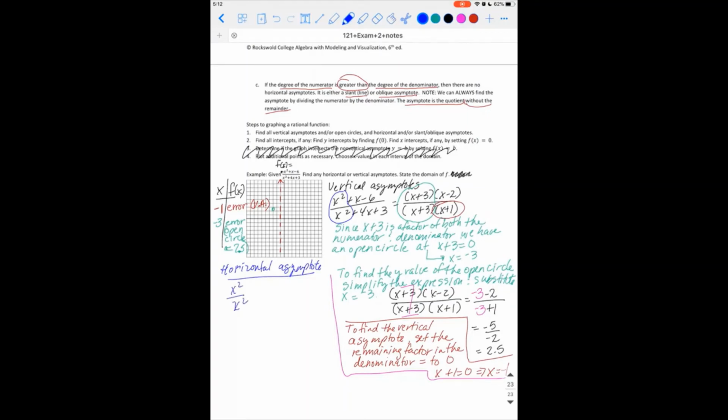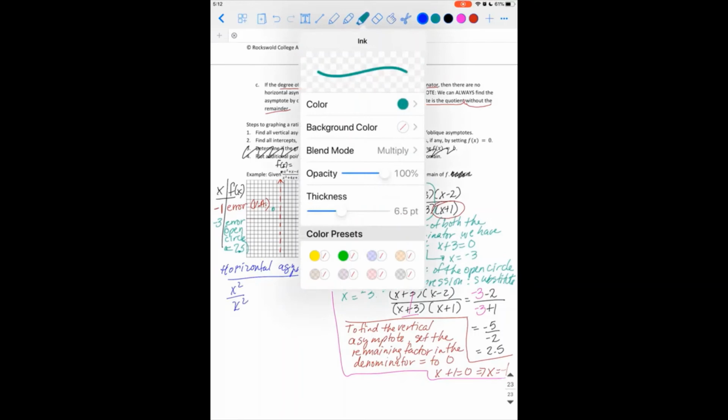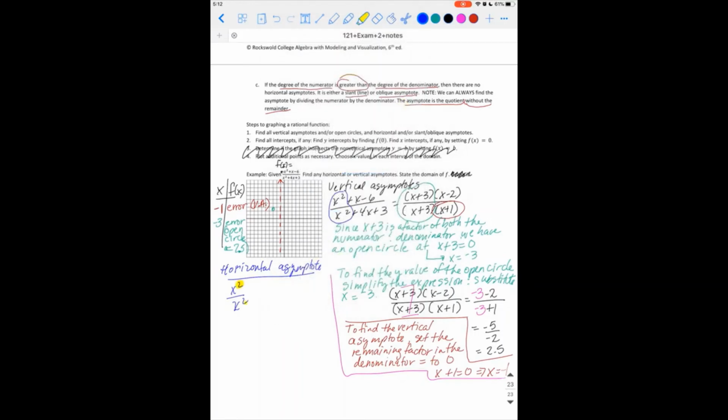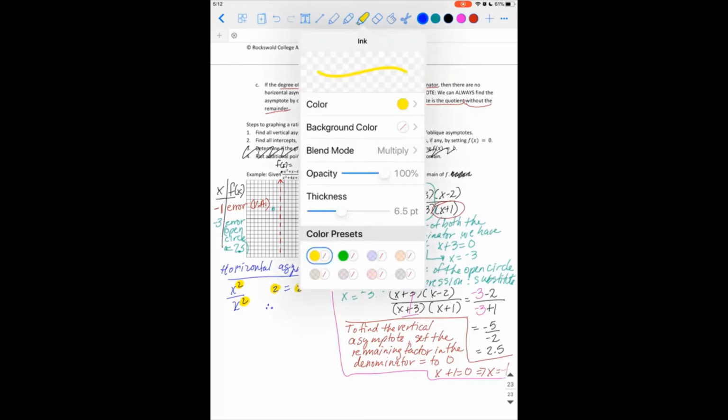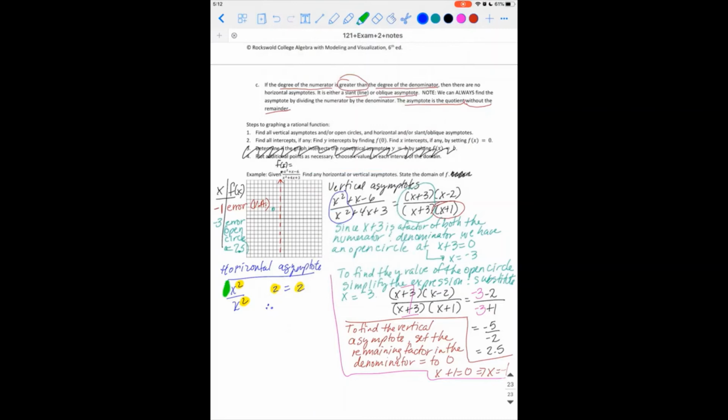So I have x squared over x squared. Looking at these two powers here, I have that 2 is equal to 2. Therefore, I need to look at the coefficients in the front, and they both in this particular instance are understood ones.